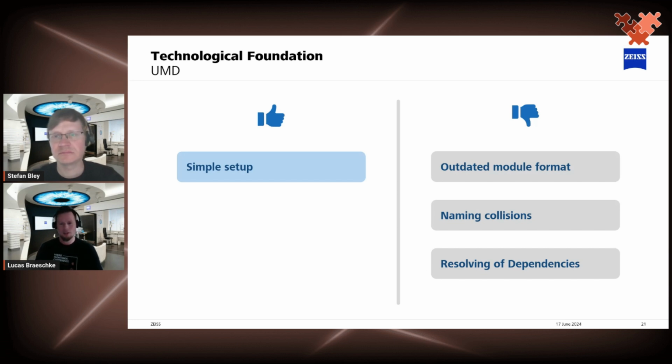For example, UMD could sometimes have problems with naming collisions. If the imported dependency has a different name than the file itself, there could sometimes be issues. And also the resolving of the dependencies. The example you have seen before will definitely work, but we are talking here about dynamically loading and unloading micro frontends.